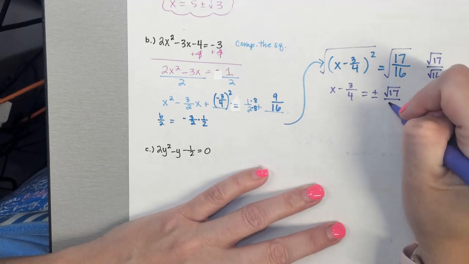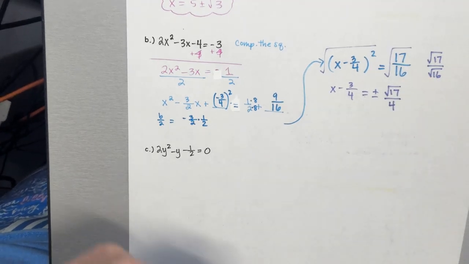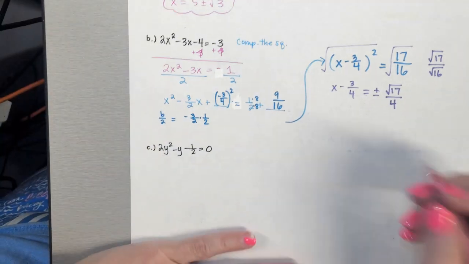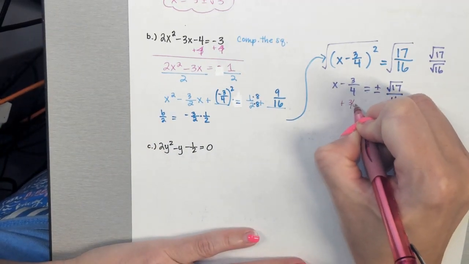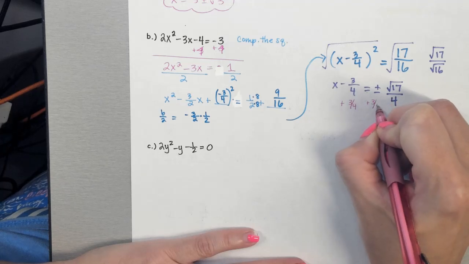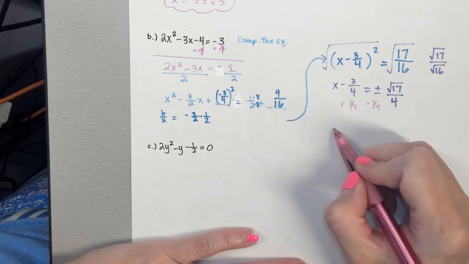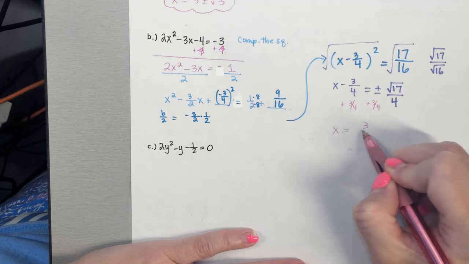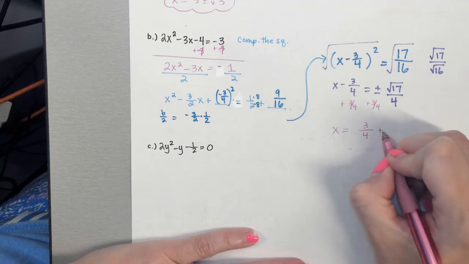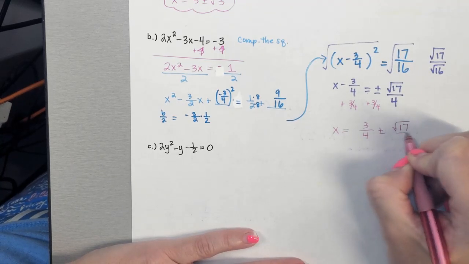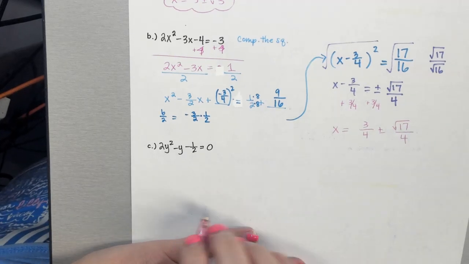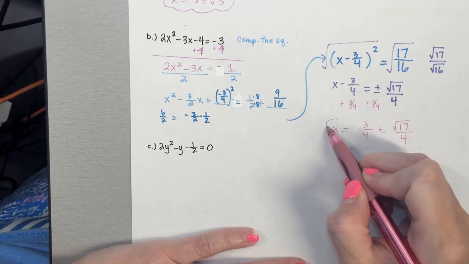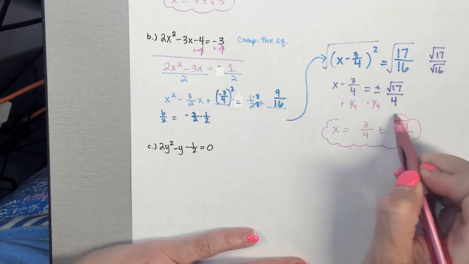The square root of 16 is 4. And then your last step is going to be to move that over. So you have 3/4 plus or minus root 17 over 4. So you couldn't have factored this because you have the square root.